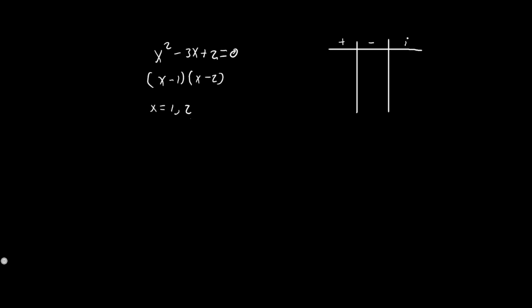And here, we're just going to look at the sign changes of f of x, which is equal to x squared minus 3x plus 2. And here we see that the leading coefficient is positive 1, since there's nothing in front of the x squared, so we see that it goes from positive to negative.